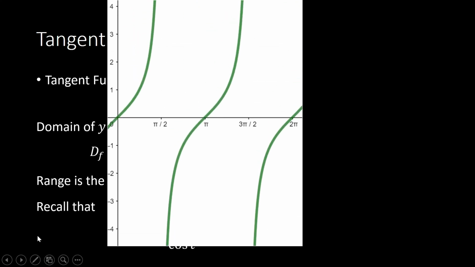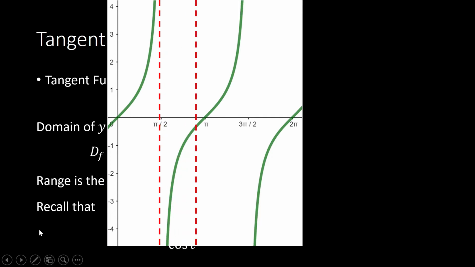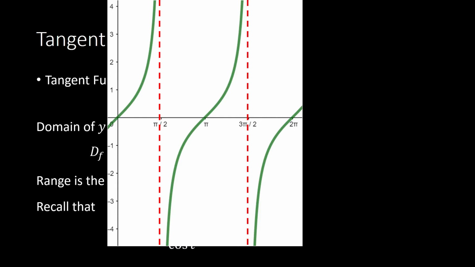Now, how about the range? I hope that you can still recall the graph of your tangent function. So obviously, your tangent function is going to have vertical asymptotes. Because your tangent function is undefined when t is equal to pi over 2 and 3 pi over 2, you can draw these vertical lines. Those lines are going to be the vertical asymptotes of your tangent function.